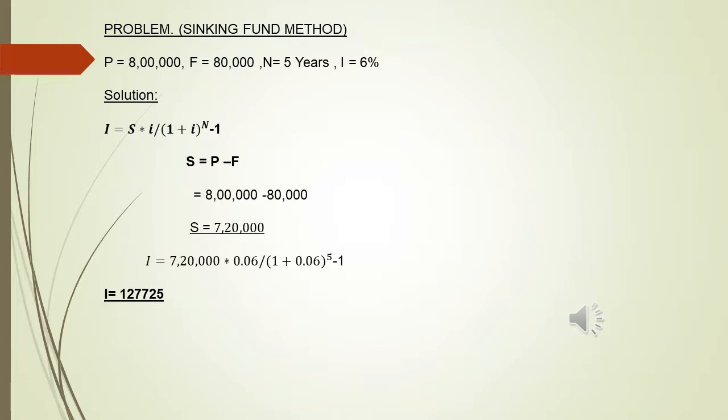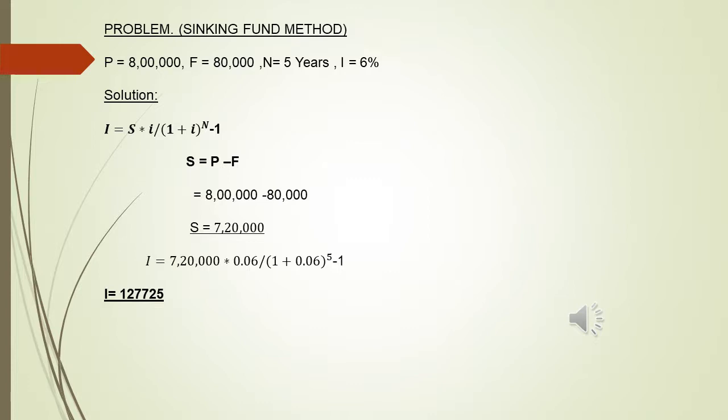So that is my value for S. Now through that I will calculate I. That will be 7 lakh 20,000 into 6%, that is 0.06, whole divided by (1 plus 0.06) to the power of 5 minus 1. So when you substitute, you will get the I value as 127725.